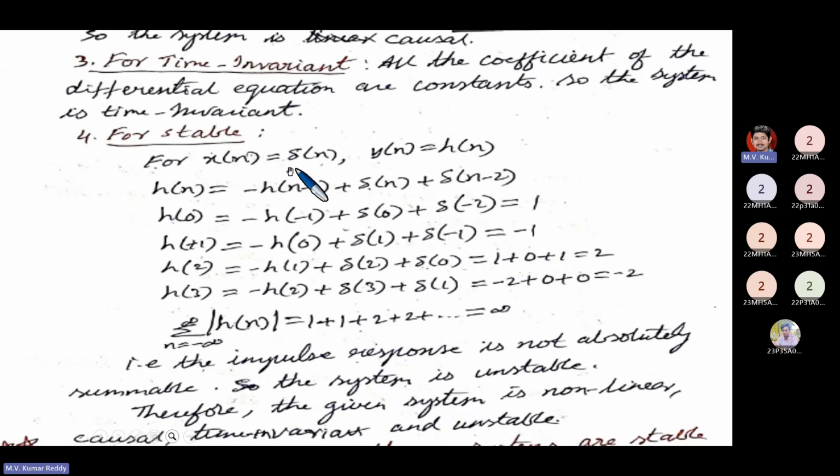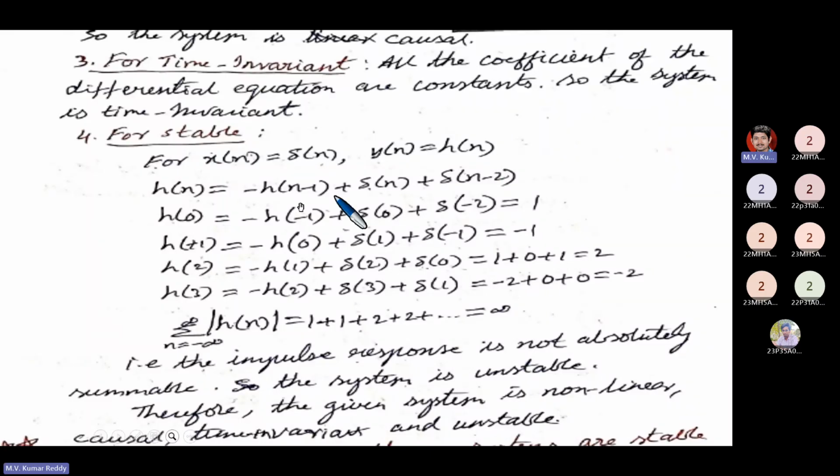That means whenever you give the input delta of n, the output that comes is h of n. Whenever x of n input is given, y of n is obtained. Here delta of n is given, h of n is obtained.